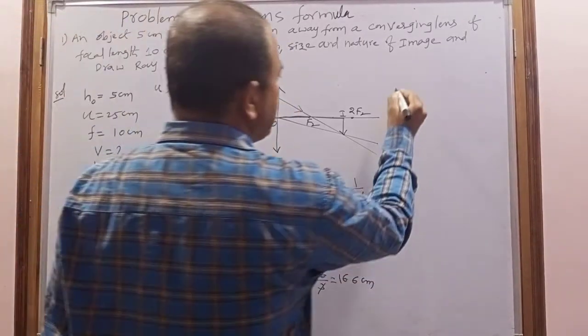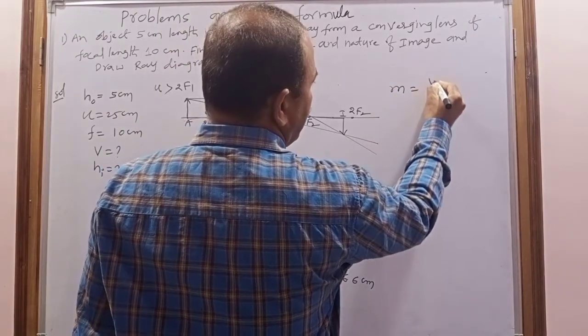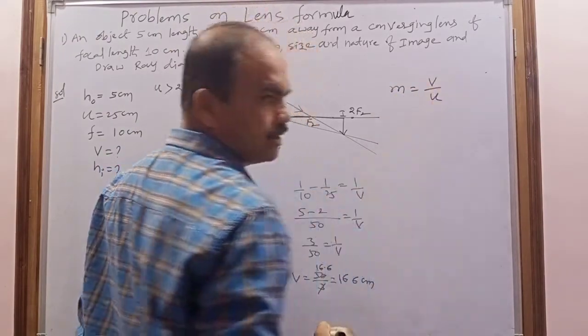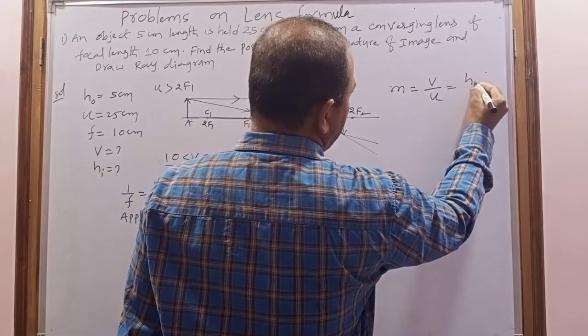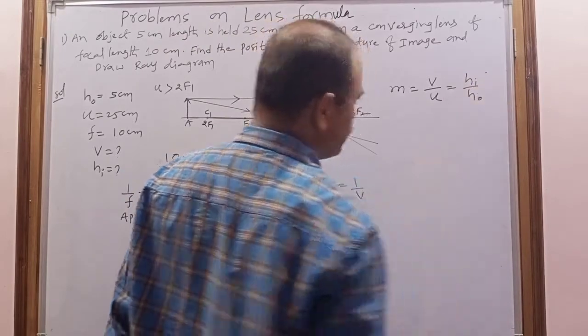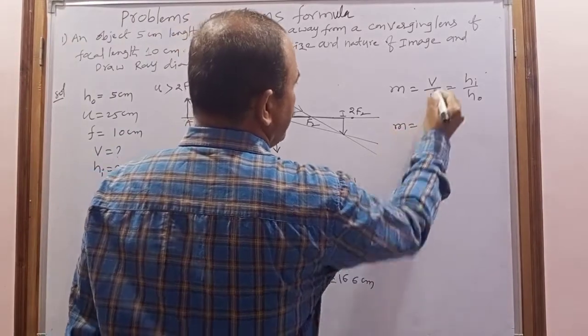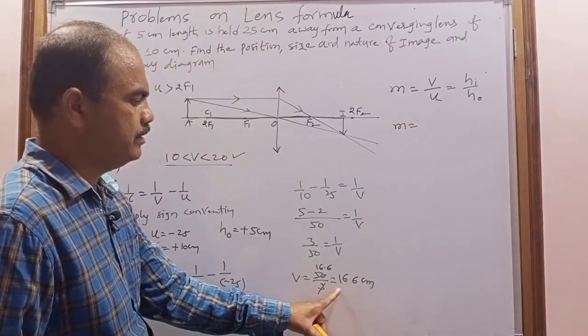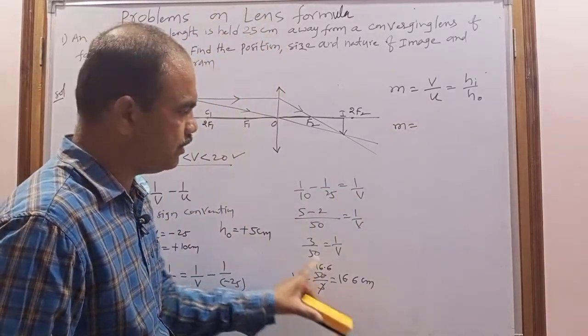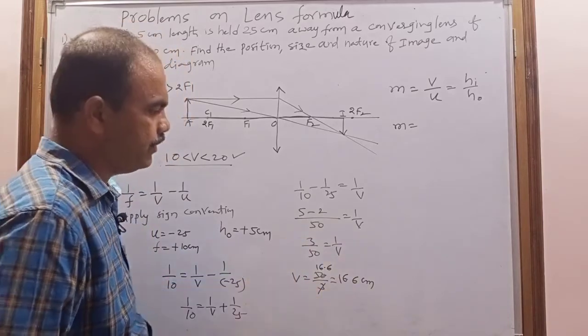What is the magnification formula? M equal to image distance by object distance, that is equal to height of the image by height of the object. So now M equal to v by u. What is the v? 16.6. But don't substitute this value, for easy simplification.